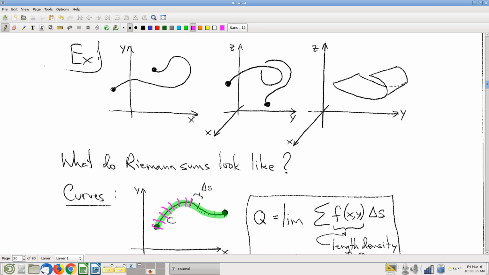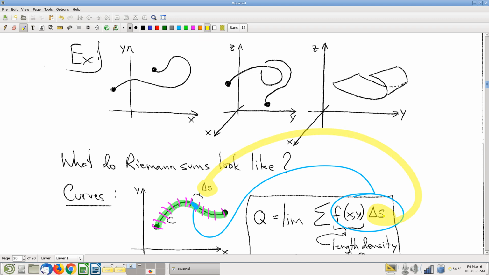You can talk about chopping it up into little pieces, and then on each little piece, talk about how much of whatever it is that I'm interested in is there on that little piece. On that little piece, the amount is going to be the size of the piece, namely length, right, multiplied by some appropriate stuff per unit length, right?